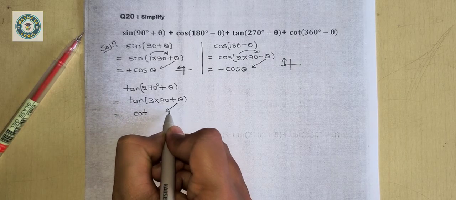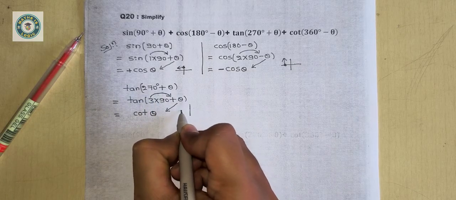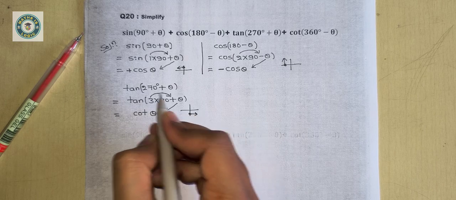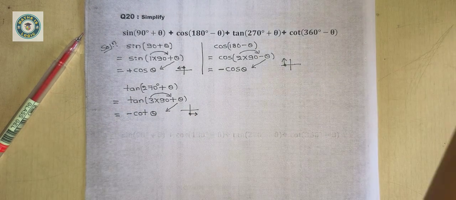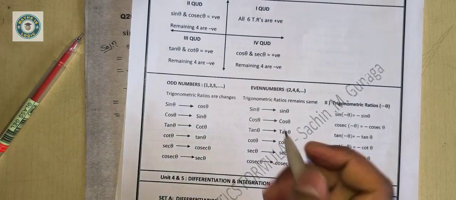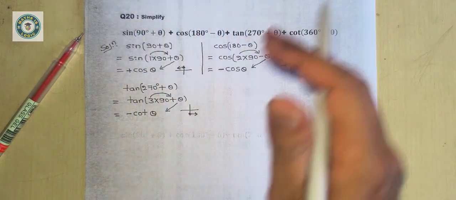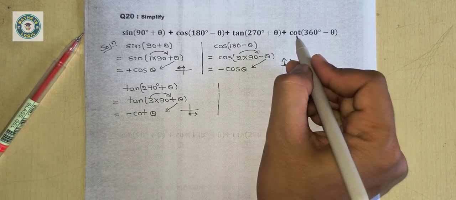Cot. At the end here theta is there, mention as it is. 3 plus means 0, 1, 2, 3 plus means fourth quadrant. You can see in the fourth quadrant tan is which sign here? Minus. Correct. In the fourth quadrant cos and sec are positive, remaining all are negative, means tan is negative in the fourth quadrant.